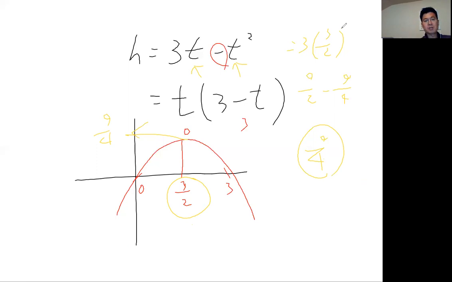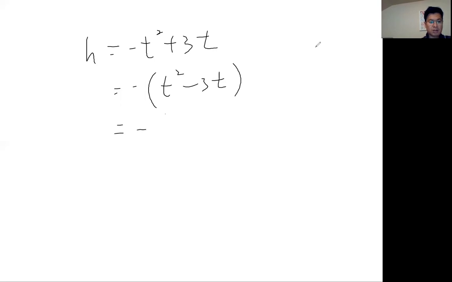Another way is completing the square. Let me clear this out. So let's write it this way, and you take the minus sign out. Then you take half of this coefficient, squared, which is minus 3 over 2 squared.